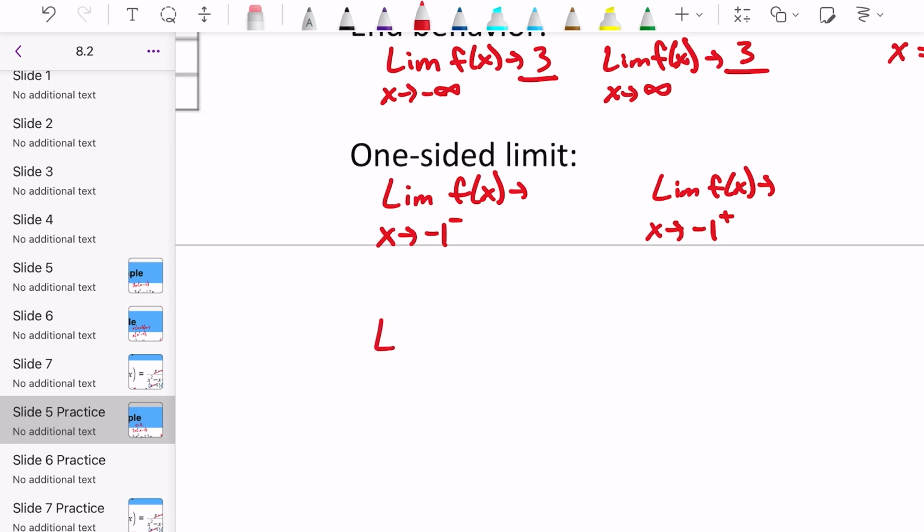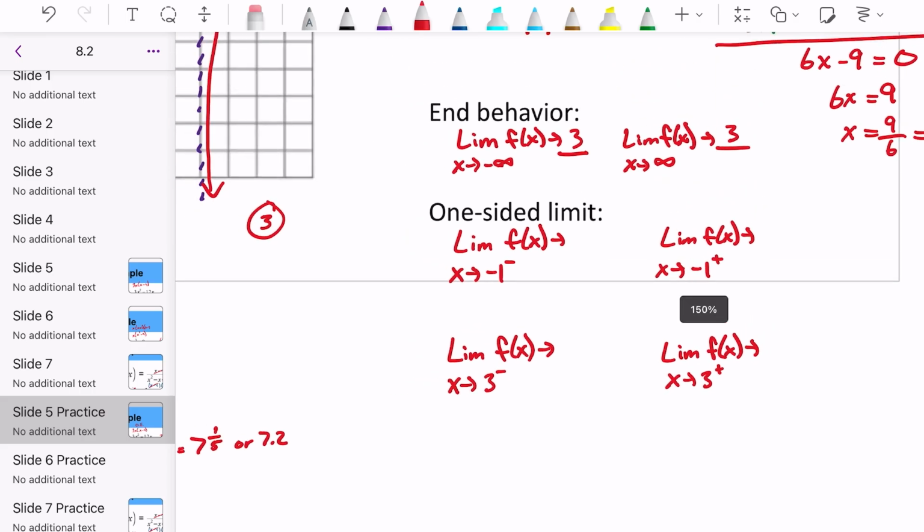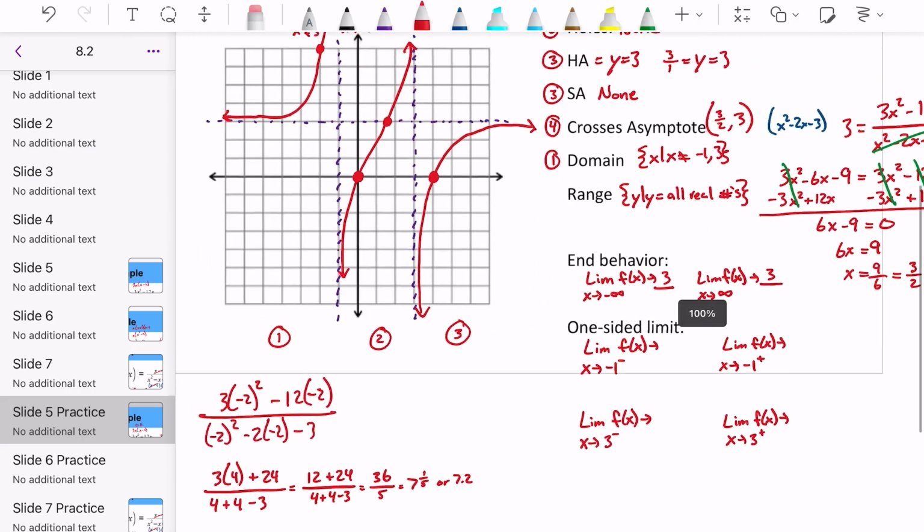So the limit of f of x as x approaches 3 from the left side, and the limit of f of x as x approaches 3 from the right side would all be one-sided limits.